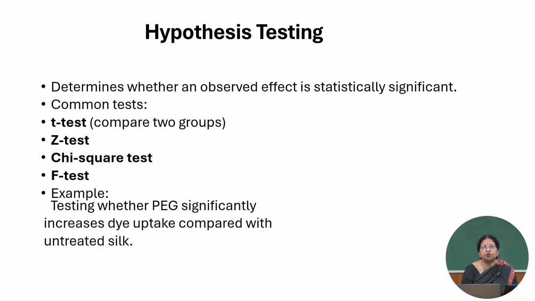T-test is one of the common ones, Z-test, chi-square test, F-test, and so forth. Which means that we are looking at these substances very carefully and trying to understand which one is going to help us in our scientific research.